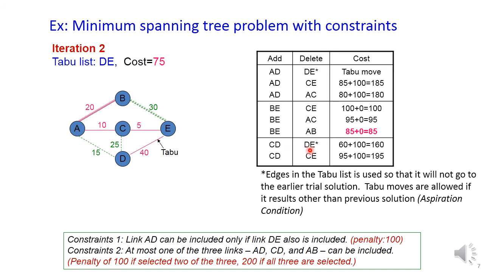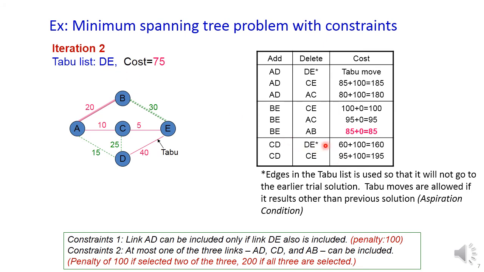CDD, actually it is a taboo move, but one exception we are providing here. Why is it a taboo move? Taboo move because the edge we are deleting, the link we are deleting, is in the taboo list.